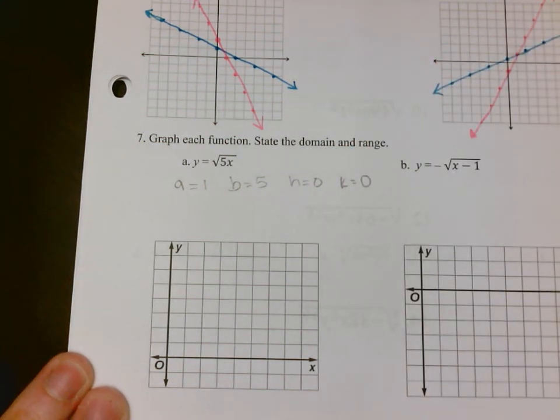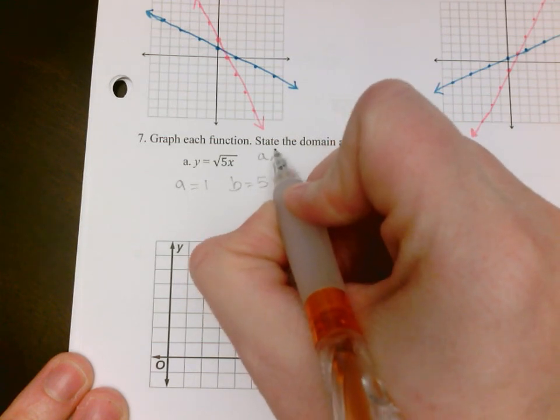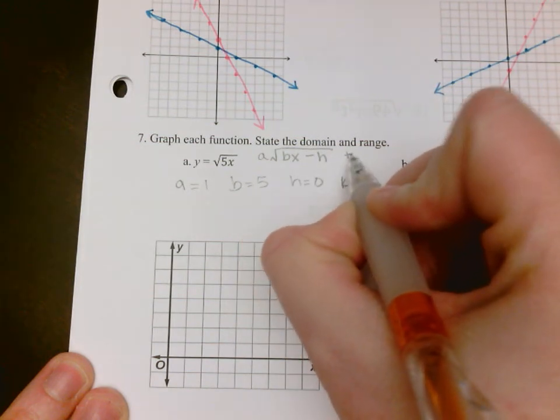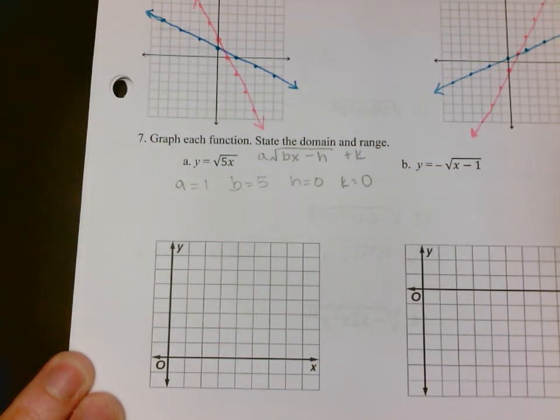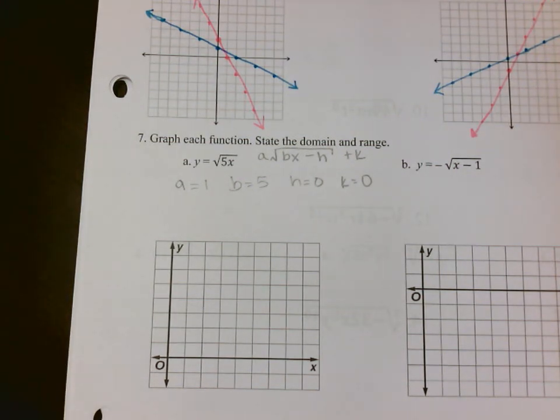How do I know that? Rule of thumb, I only know this form because it's just one of those things I was taught when I was in school. But if there's no b, then I know not to do anything with it. It's 1. So a is 1.